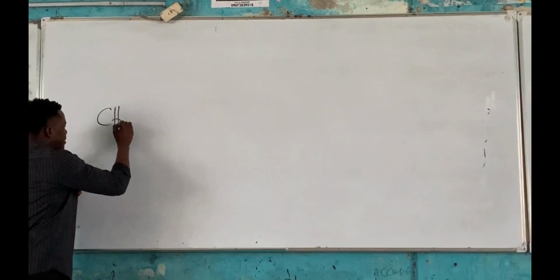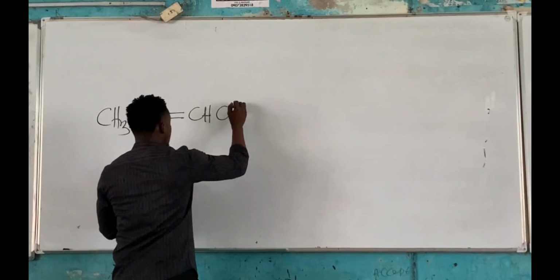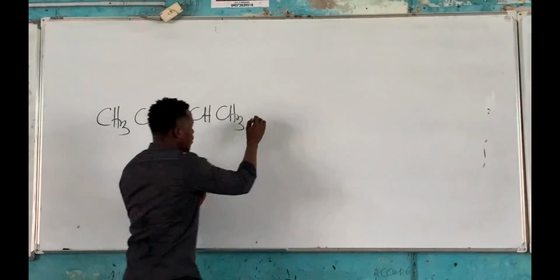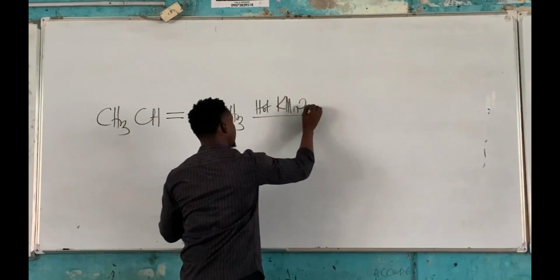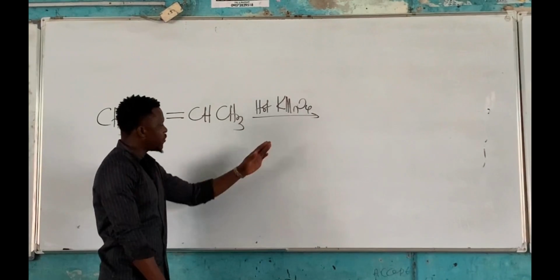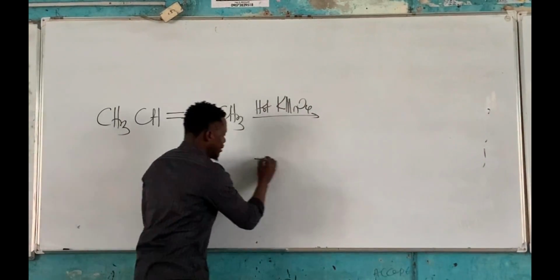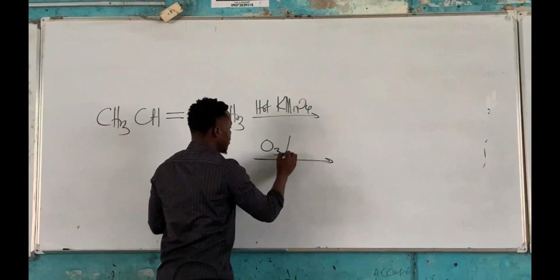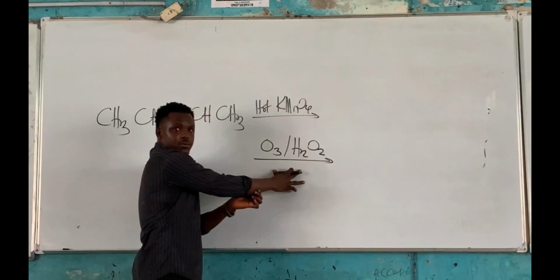If you have something like this, and then you have hot KMnO4. Now, the moment you see hot KMnO4, any of those reagents, this is the first one. The second one, to be written in exams, is O3 with the peroxide coming below the arrow.